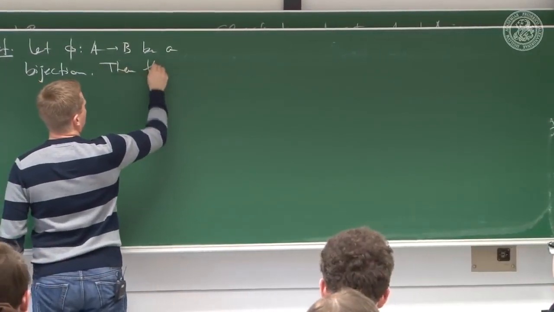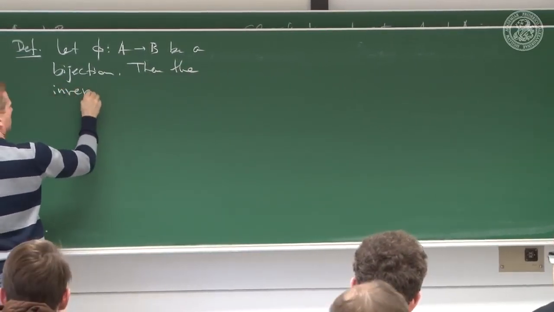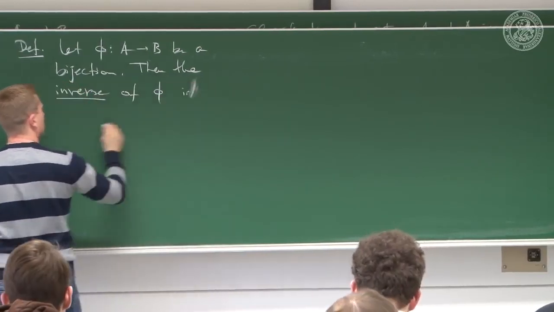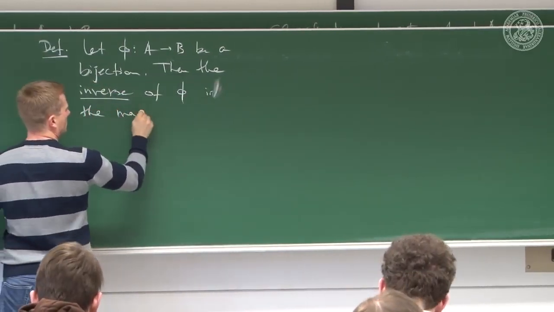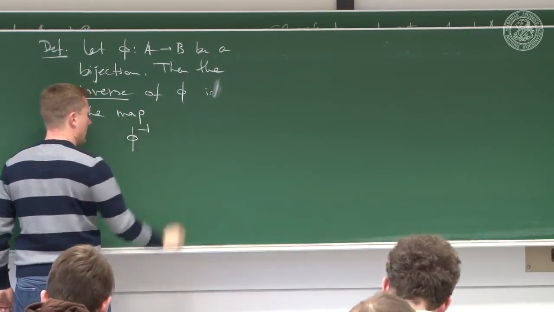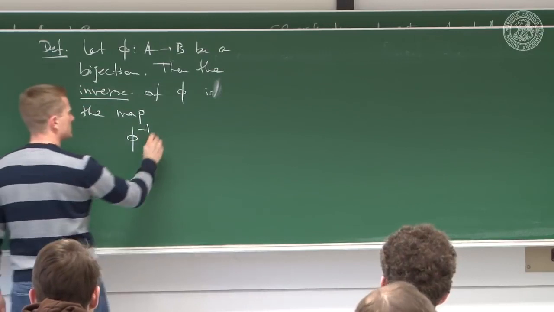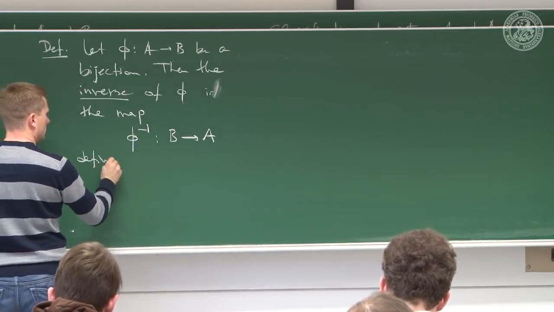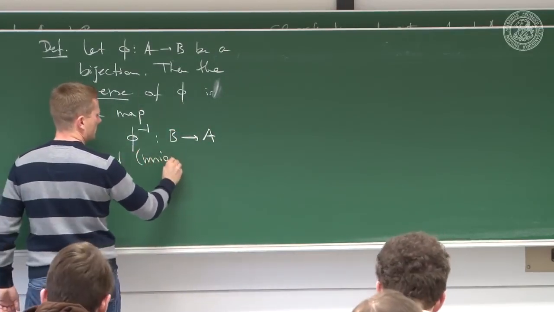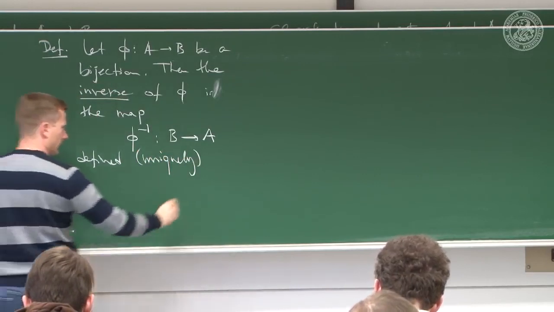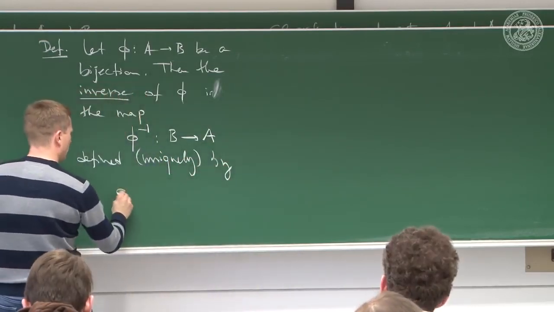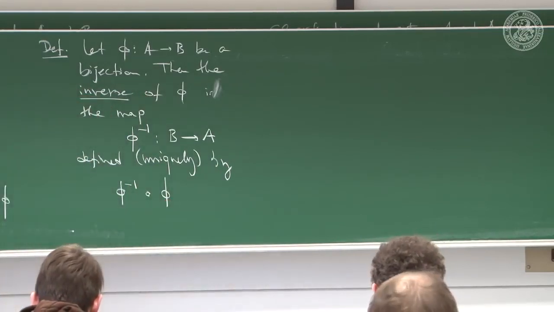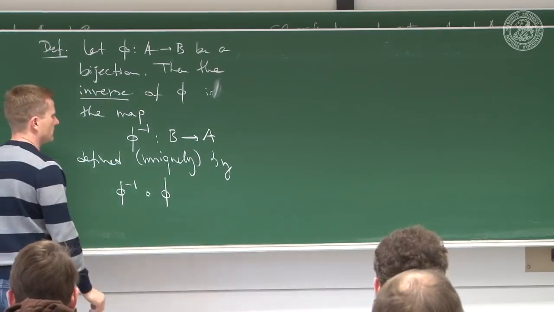Then the inverse of phi is the map phi to the power -1, of course, just means inverse, from B to A, defined uniquely, so there's no ambiguity, defined uniquely by phi inverse circ phi, so you need the circ in order to speak of the inverse.